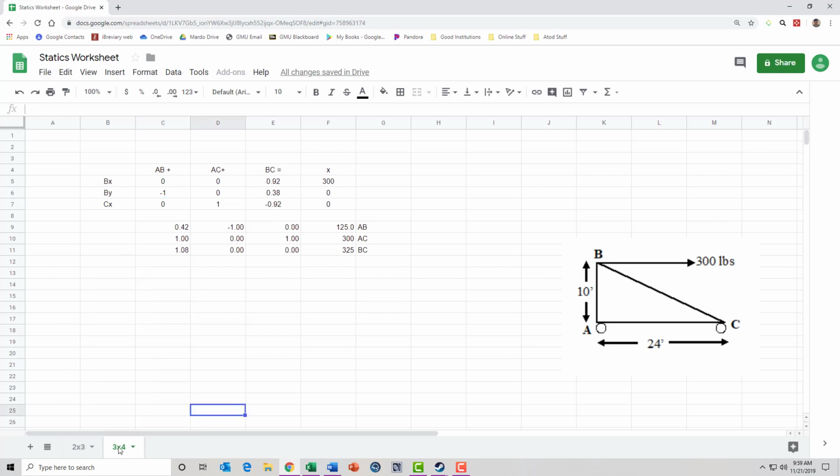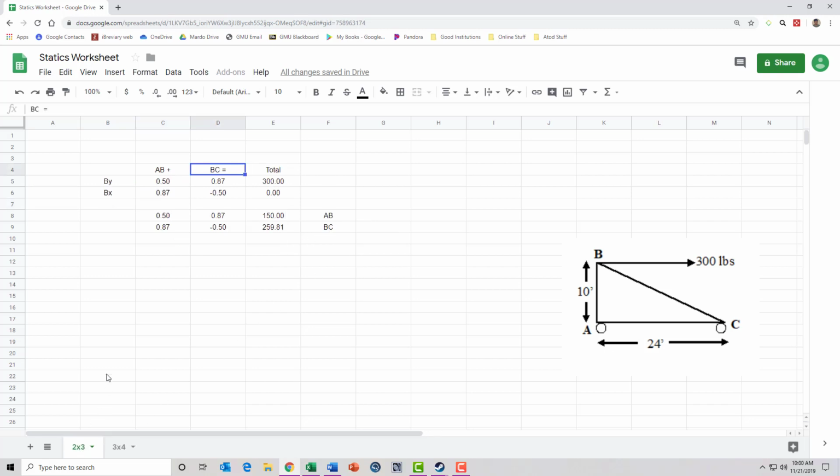Anytime I have another triangle problem, I can simply go to this matrix and put in the different equations, and as soon as I do that, boom, I will get the answer. I don't have to do this again. All I have to do is figure out the system of linear equations: what's going on at B of X, B of Y, C of X, put the new numbers in, and this will automatically calculate.